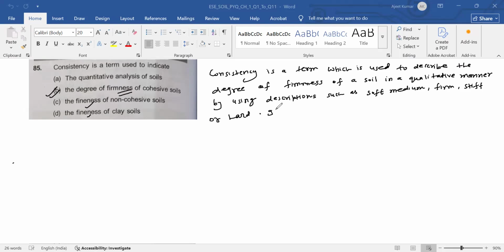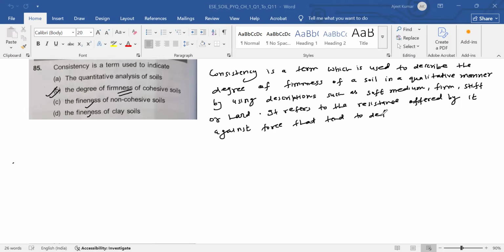It refers to the resistance offered by it against forces that tend to deform or rupture the soil aggregate.